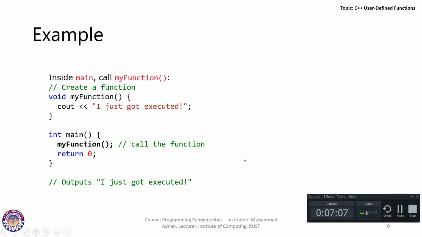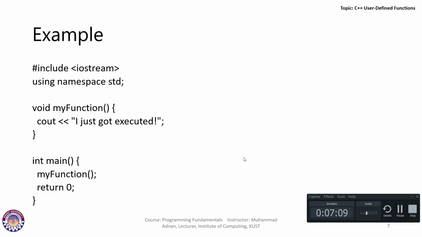All right, so with that, let us move on. Here is the example of just what we discussed. You can just copy this code and paste it in the code blocks, and then you can compile it and run it. Here we are declaring and defining the function at the same time before the main function. Inside the main function, we are calling this function.